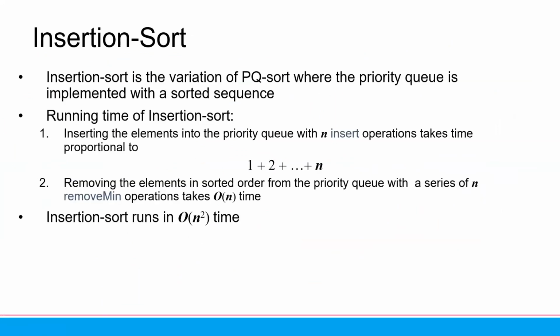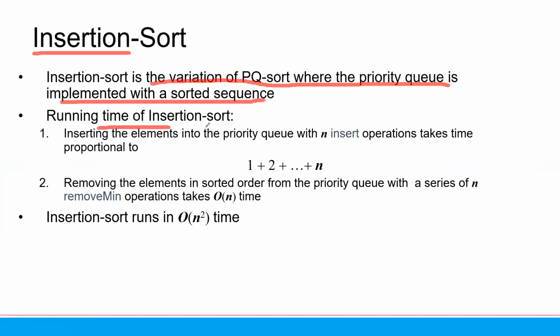Another kind of sort is insertion sort. Insertion sort is the variation of the priority queue sort, where the priority queue is implemented with a sorted sequence. So the name is insertion sort. It means whenever we insert an element, we will sort it first.